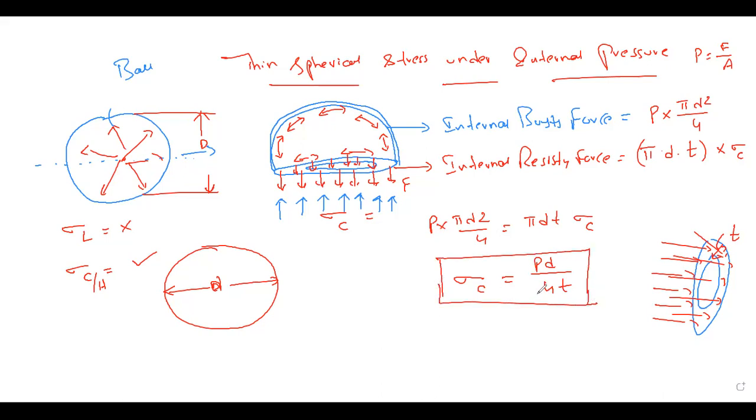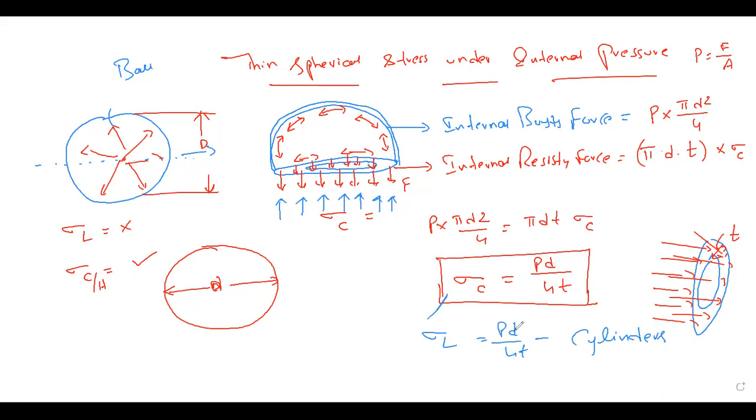PD by 4T. The same formula is used for something else. The same formula which we use for calculating what? Longitudinal stress for cylinders.